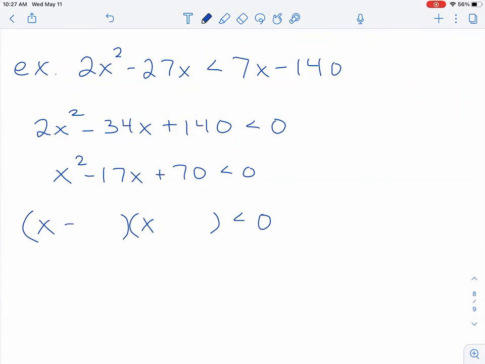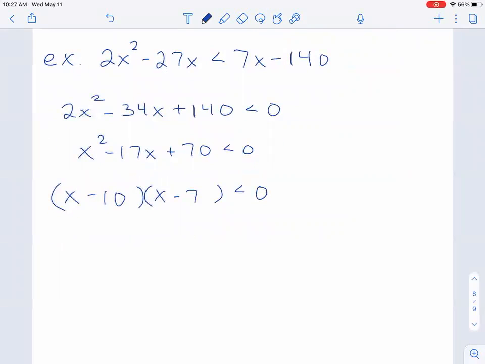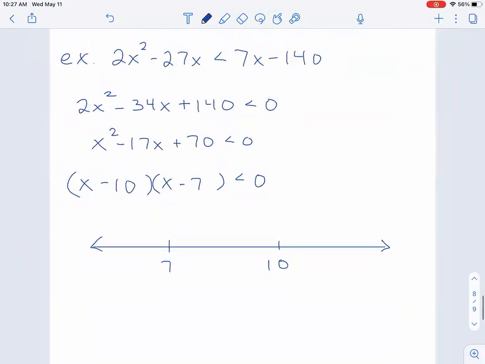It looks like that's going to be (x - 10)(x - 7), meaning our boundary points are at 10 and 7. So I will place both of those on the number line, because that determines my regions where I'm going to test numbers.